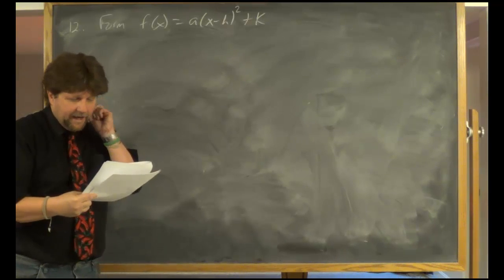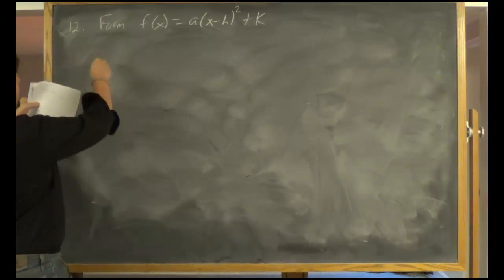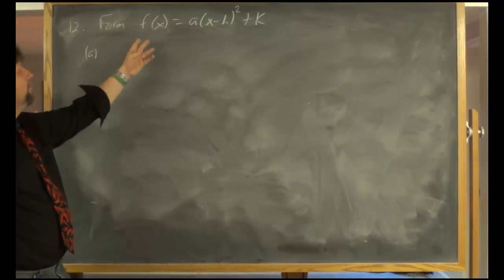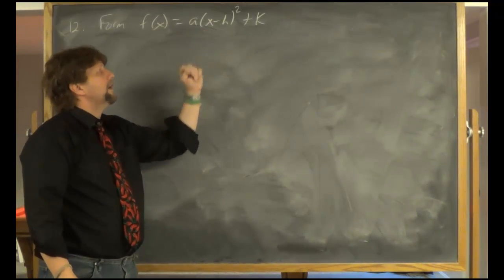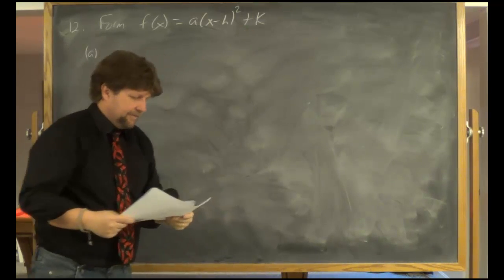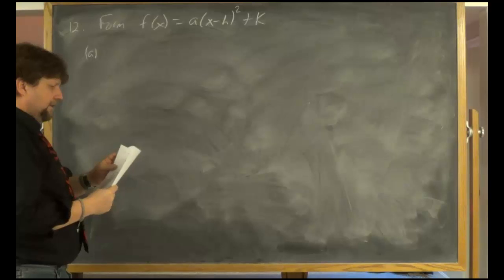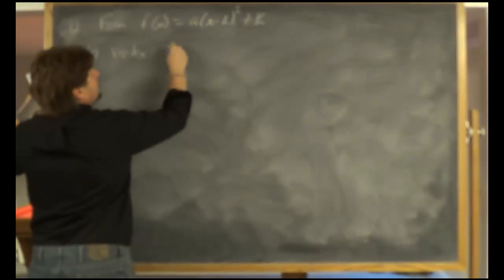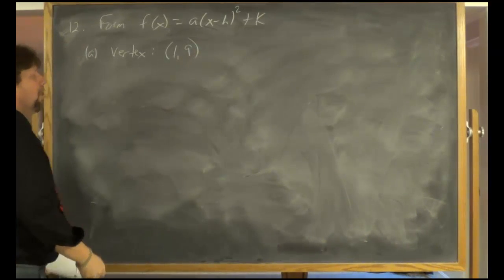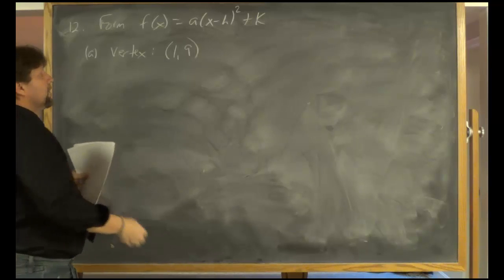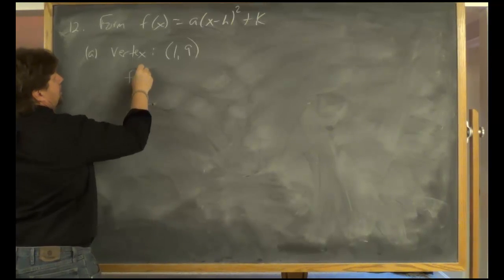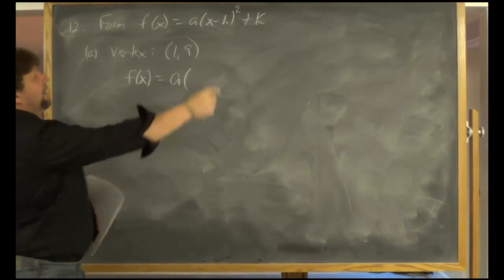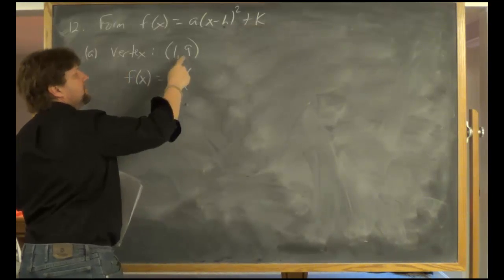In part A, I asked you to use the coordinates of the vertex to put the function in the form f of x equals a times the quantity x minus h squared plus k. Since I told you the vertex was at (1, 9), it's pretty straightforward to say, well, h, k.